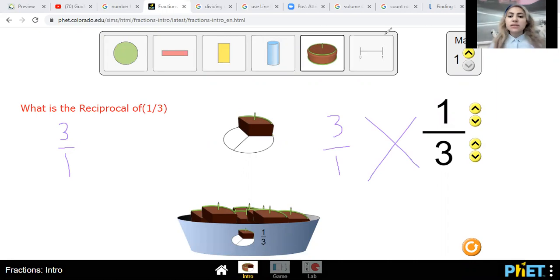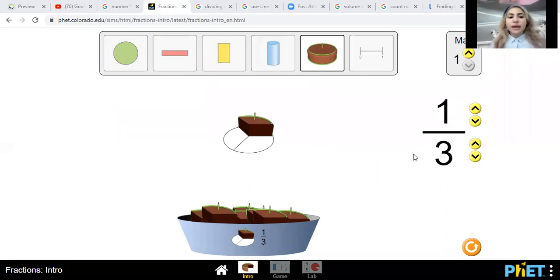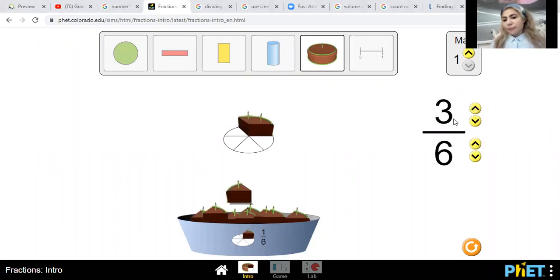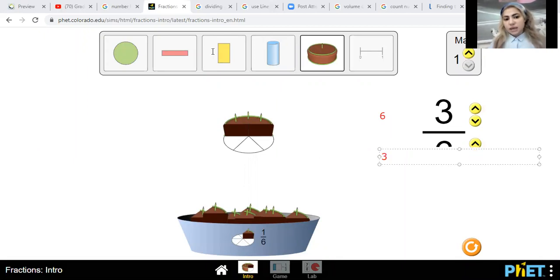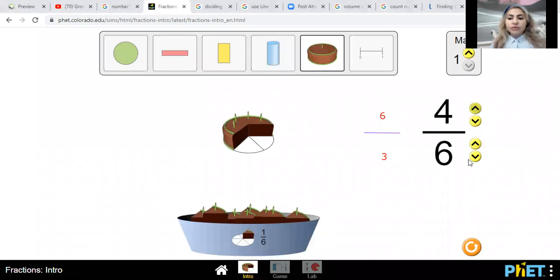Okay, let me see another example. If I have 3 out of 6, what is the reciprocal of 3 out of 6? The reciprocal of 3 out of 6 is 6 out of 3. What is the reciprocal of 5 out of 8?